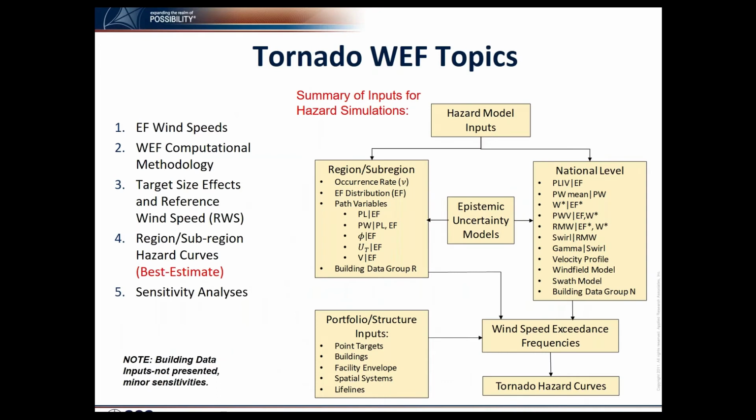In the next part, I'm going to talk about how we develop the EF scale wind speed, show some of the wind speed distributions, then the methodology for wind speed exceedance frequency, and then show some of the hazard curves.